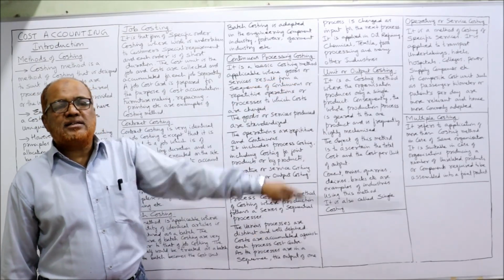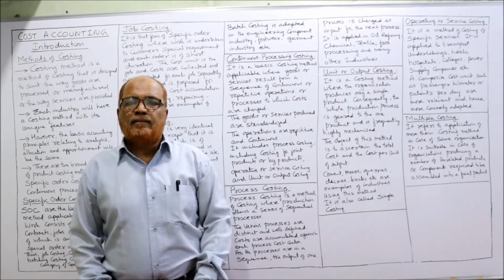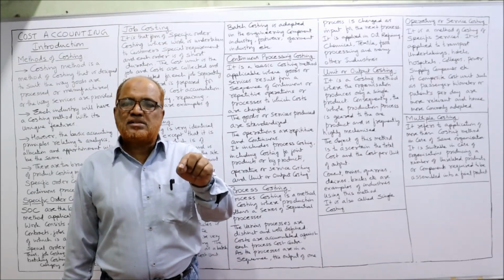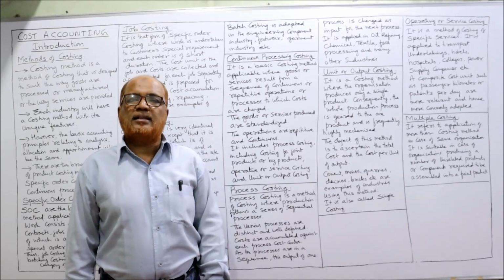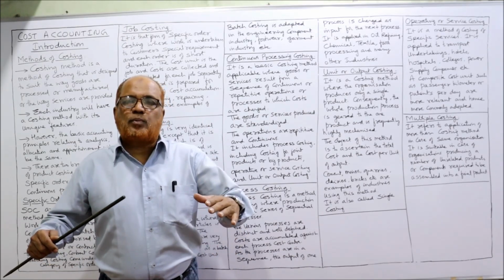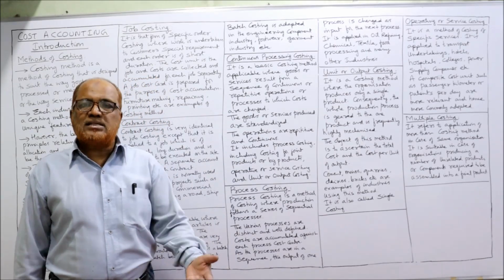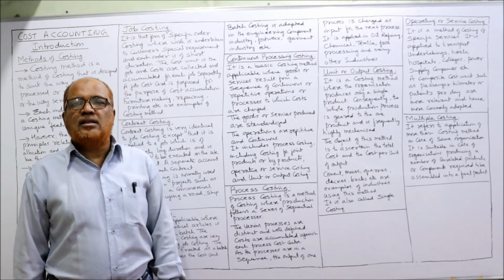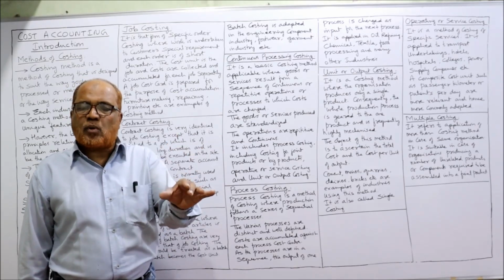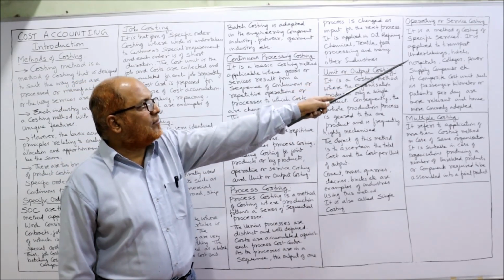The last method is operating or service costing method. This method will be applied in those businesses which provide service rather than producing goods. There are many organizations which provide service to the customers. Example, hospitals, colleges, hotels. They are giving the service. They are not producing any goods. So this type of service providing organizations will adopt operating or service costing.